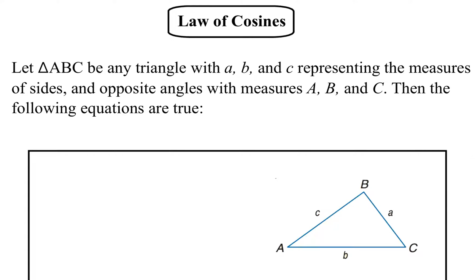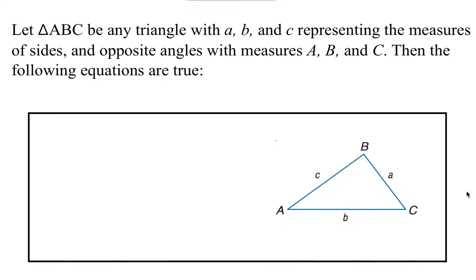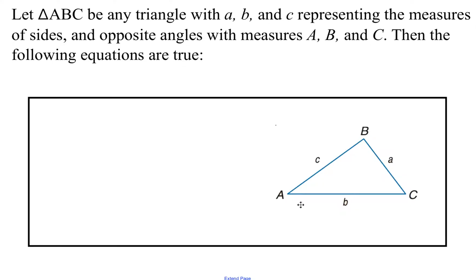So our definition for the law of cosines is: if we have any triangle ABC, where the sides have the same letter as their angles but lowercase, then these three equations hold true. We can say that side a squared equals side b squared plus side c squared minus 2bc times the cosine of angle A. The thing you should notice is that if we're trying to find side a, we can find that as long as we know angle A and sides b and c.